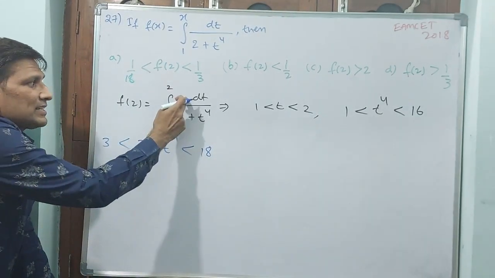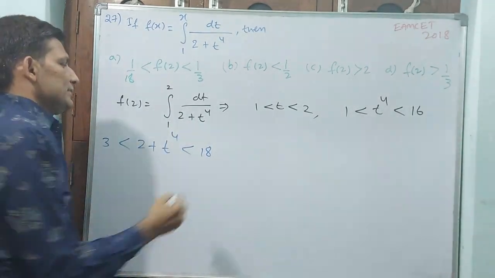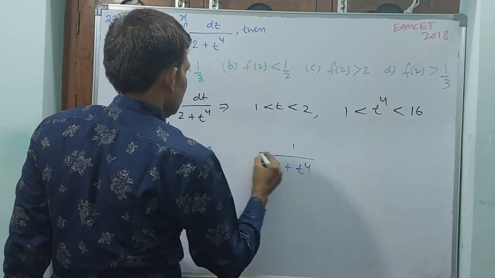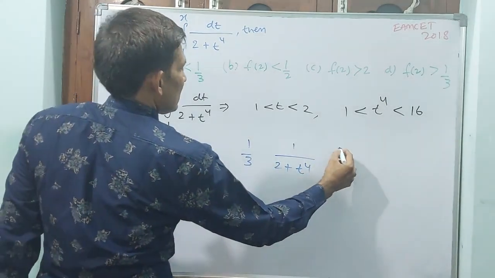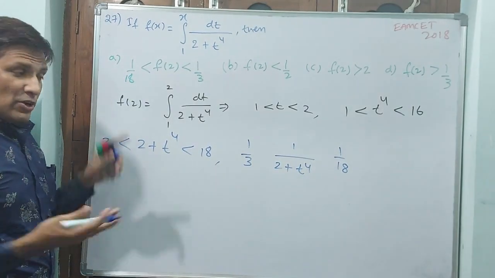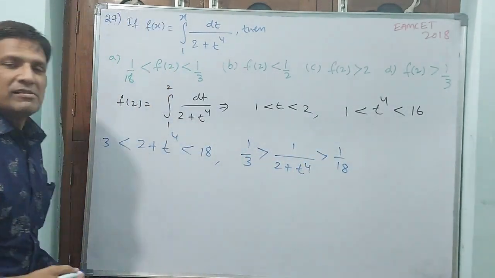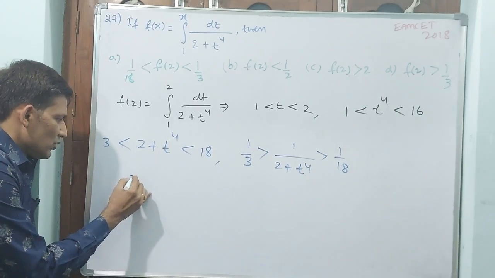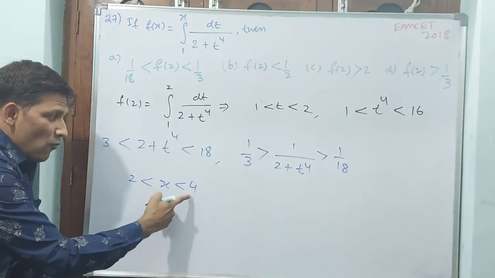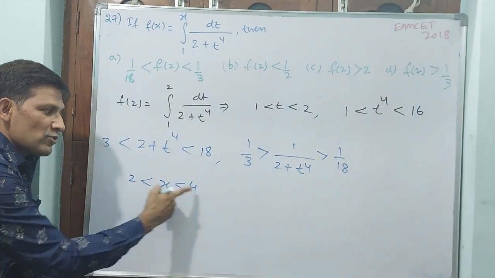Now I will reciprocate. Why? Because 1 by the denominator, this is not in the numerator. Then we reciprocate. 1 by 3, 1 by 18 only will come. But when you reciprocate, these symbols automatically change. Here 4 is greater than 2, that is why x is in between 2 and 4: x is greater than 2 and less than 4.